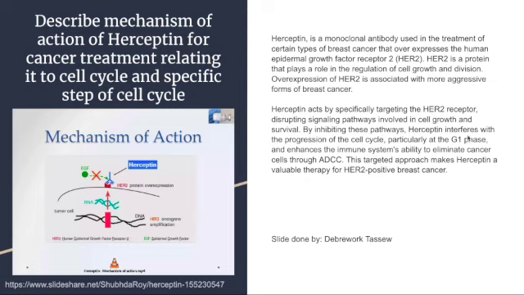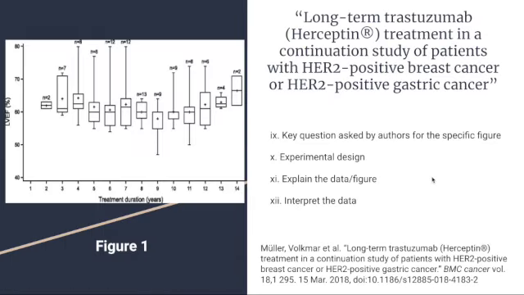By inhibiting these pathways, Herceptin interferes with the progression of the cell cycle, particularly the G1 phase, and enhances the immune system's ability to eliminate cancer cells through ADCC. This targeted approach makes Herceptin a valuable therapy for HER2 positive breast cancer.